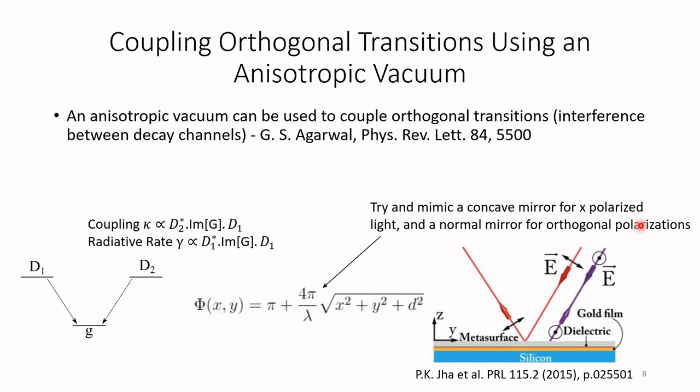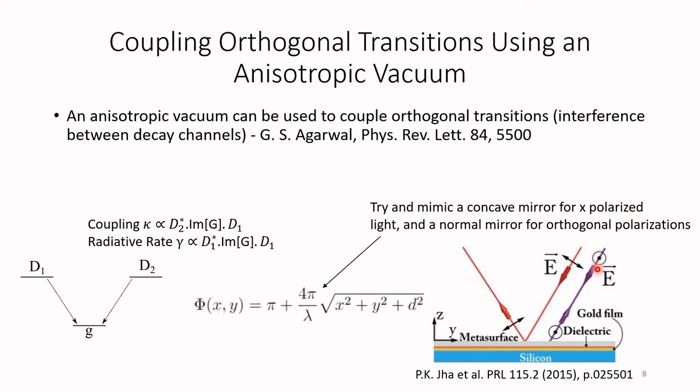And if I can somehow suppress the X component of the vacuum field, but leave the Y component unchanged, then my radiative rate in the X direction should get suppressed, but the radiative rate in the Y direction shouldn't.